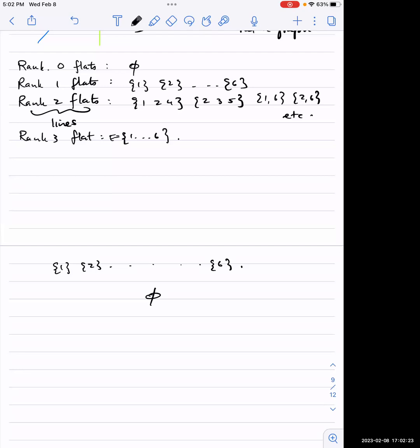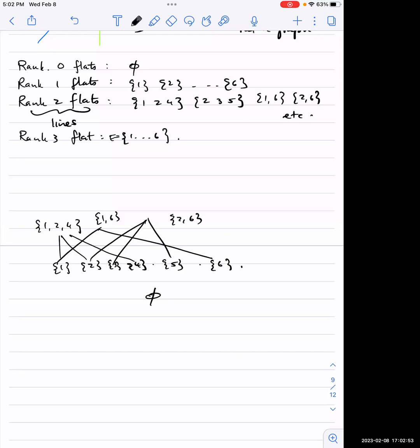But 1, 2, 4 is a non-trivial line, and that's a circuit here. And 2, 3, 5. And then all the trivial lines like 1, 6, that would be this and that, and 2, 6, this and that, and lots of them.